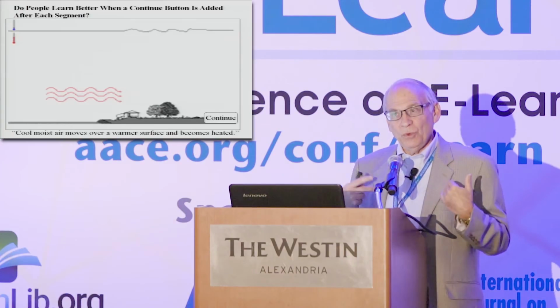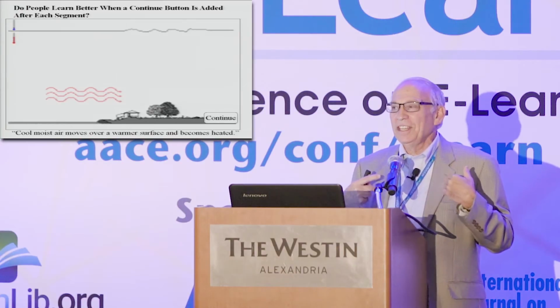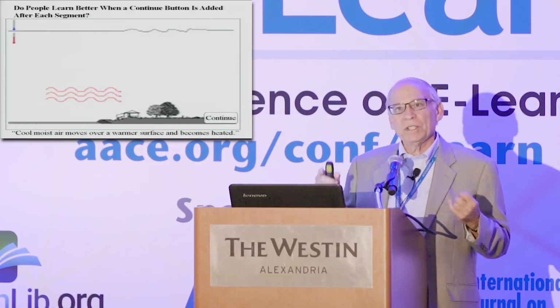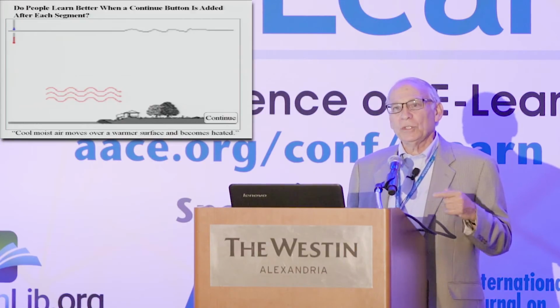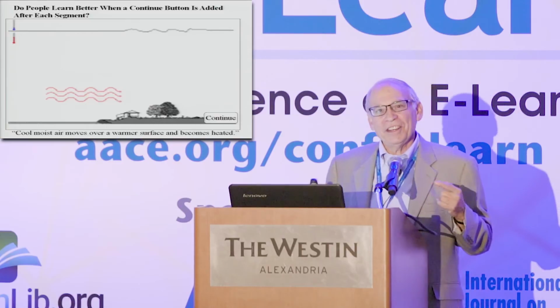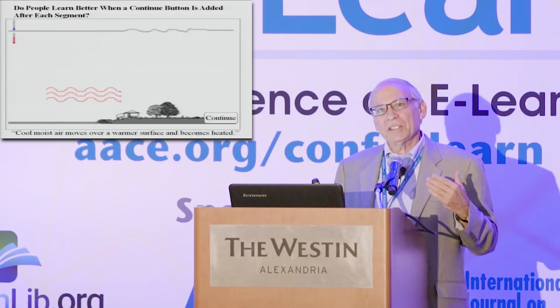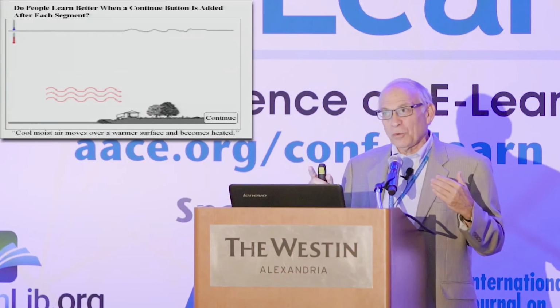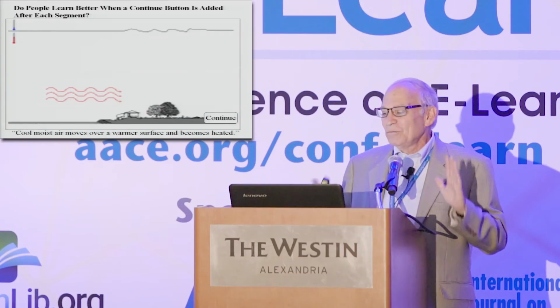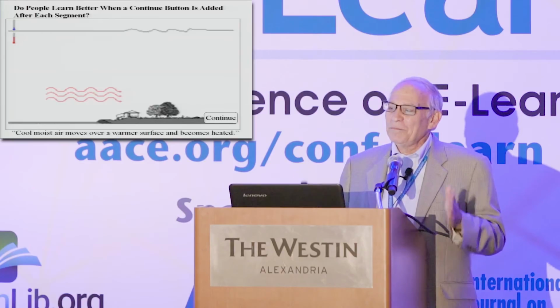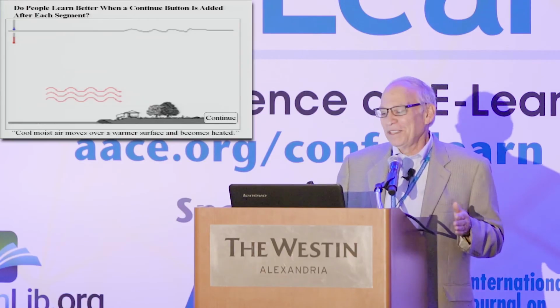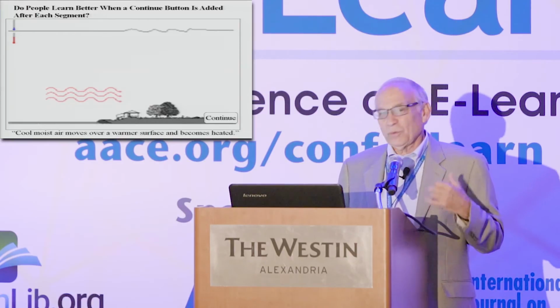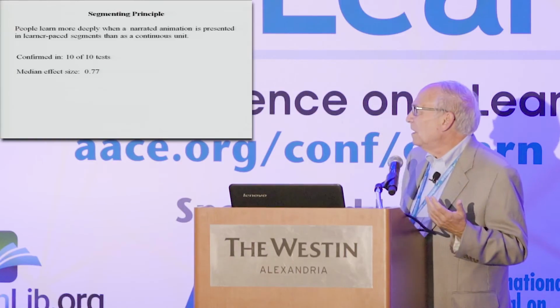And the reason we chose how to do this is that if you let learners decide when to start and stop, they make bad choices, because they don't maybe have the metacognitive skills sometimes to know when would be a good place to stop. So that's why we don't use a scroll bar or something like that. We're stopping it at the major boundaries for them, and then they can press the continue, because we're working mainly with novices here.